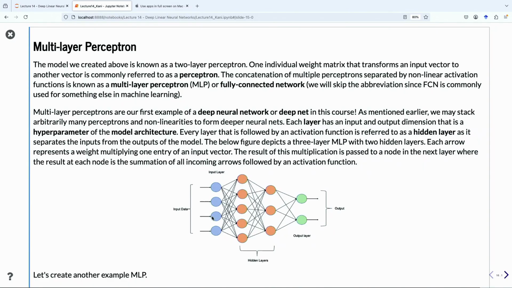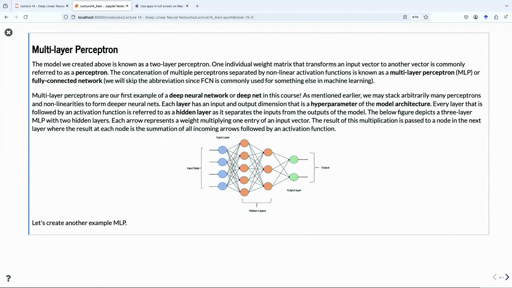Typically, you don't include the input layer in the name because the input layer is just copying the input value, right? It doesn't really do anything. So this is a three-layer perceptron, and you could go on to a 20-layer perceptron also, or 100, 1,000, although there are a lot of diminishing returns on that.